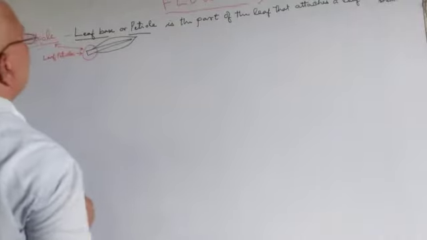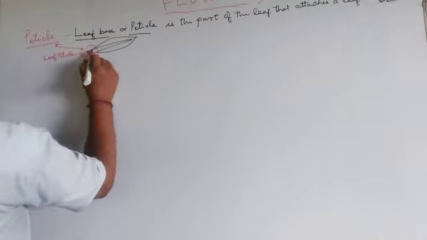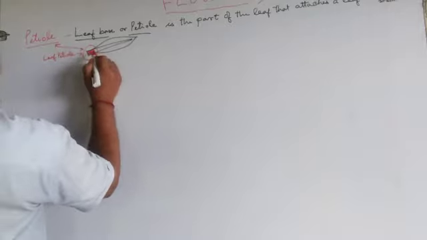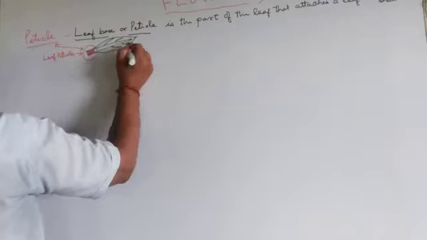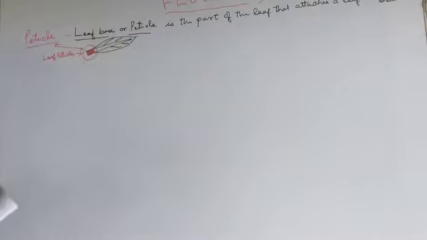This is also known as leaf base. I am shading the portion leaf petiole with red. This much portion is known as leaf petiole. Clear? Is that clear to all of you? So this way you write the answer. So leaf base or petiole is the part of the leaf that attaches the leaf to the branch or stem.